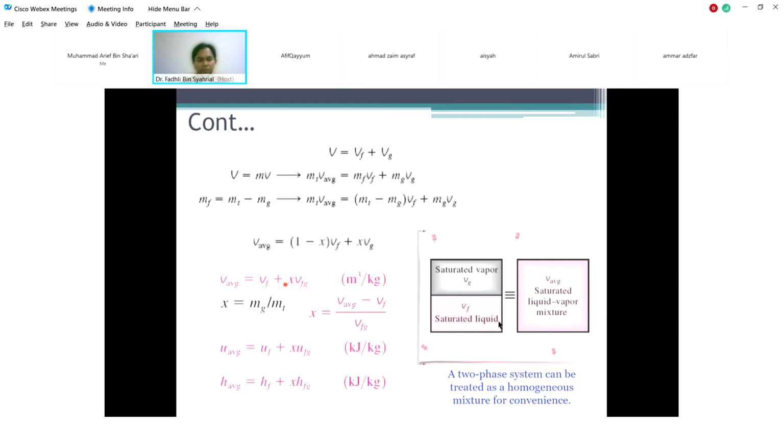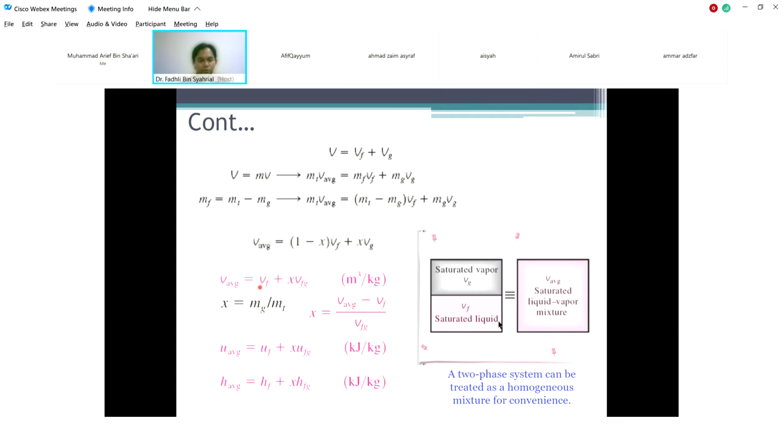And this x is actually the ratio of mg over mt. All of these values are given. mg is 2 kilogram, mt is 10, right? So x is 0.2. Put it here, 0.2, and then vf.